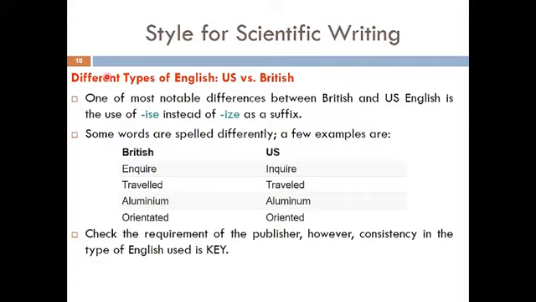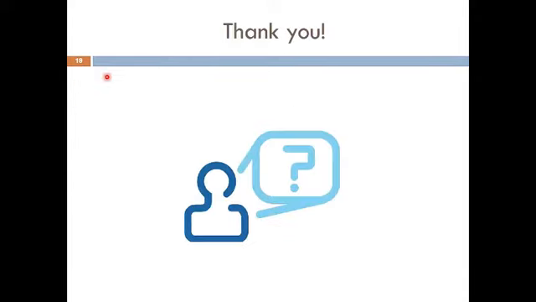First of all, know what the publishers want. If they want British English, make sure you change all your manuscript to British English. If they want US English, change to US English. And if you do not state the requirement, ensure you are consistent. When you are using British, ensure you use British all through. And when you are using US, ensure you use US English all through.